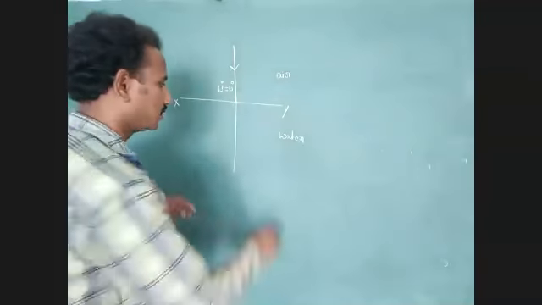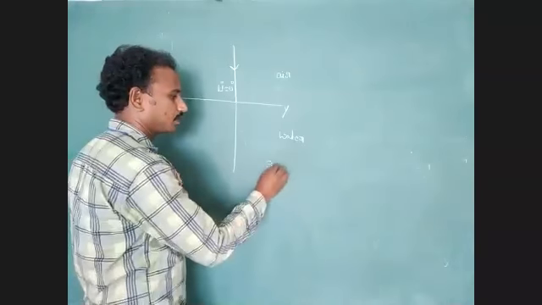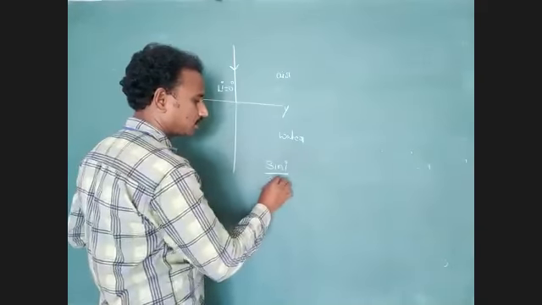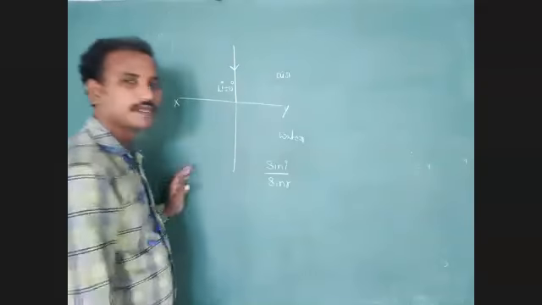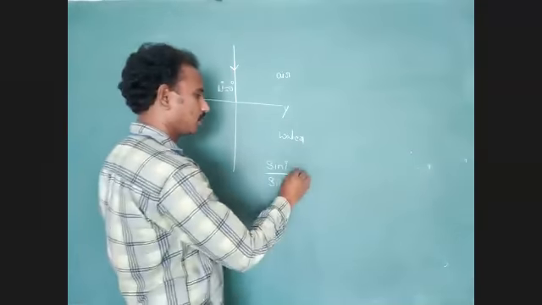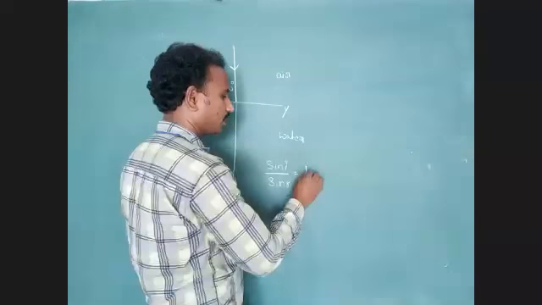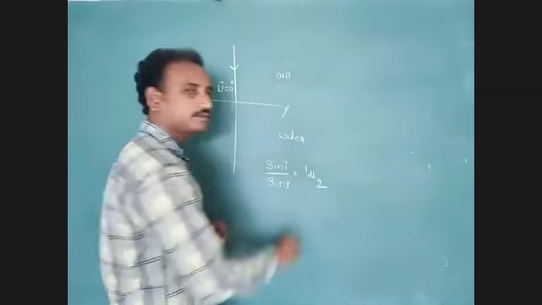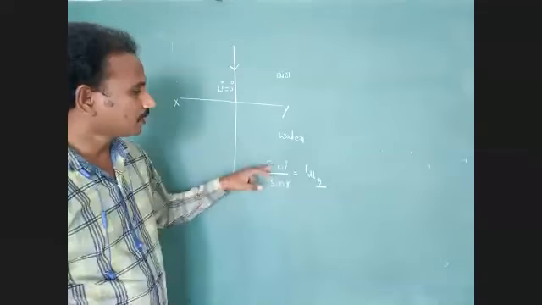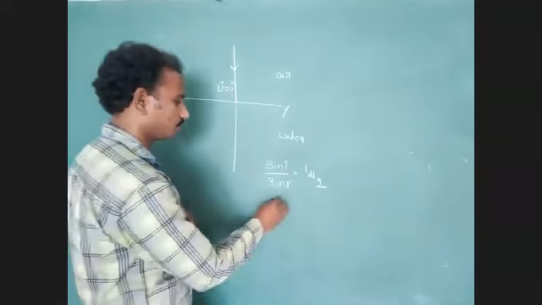Find out the direction of the angle of refraction. We have to consider Snell's law: sin I divided by sin R equal to 1 mu 2. Understood? But sin I value is equal to 0.